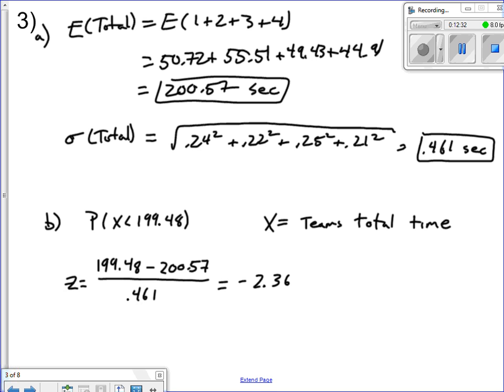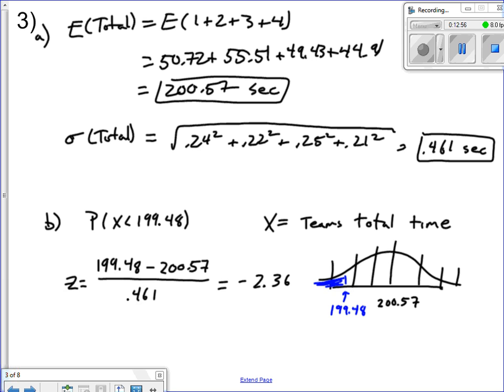That's a good chunk away. Just to keep ourselves in this habit, this one's going to be centered. We would expect the times to be somewhere around 200.57. We're 2.36 standard deviations away, so somewhere down in here, here's that 199.48, their best time for the season.